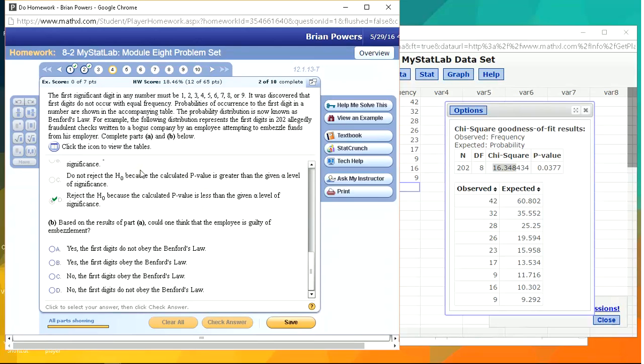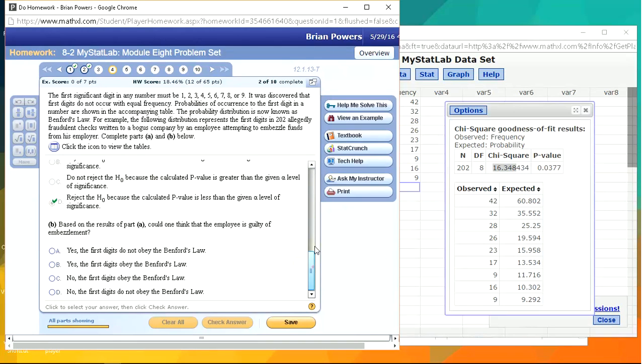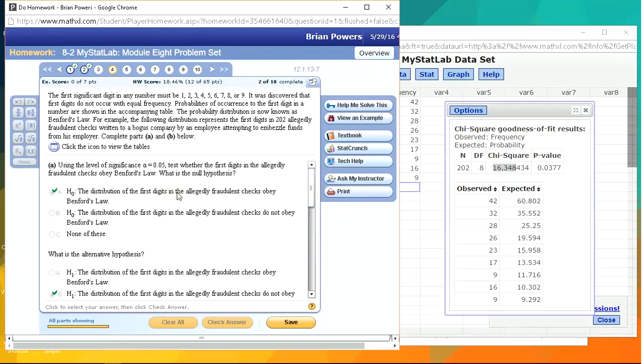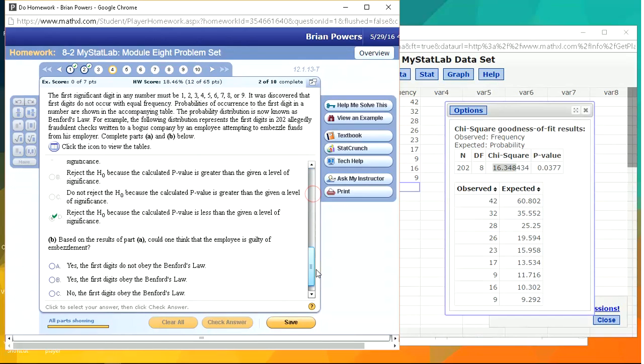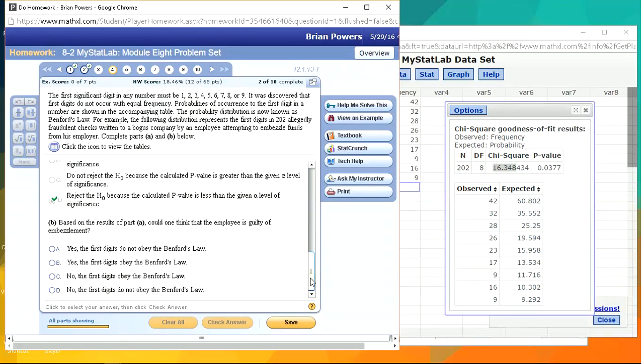Since we rejected the null hypothesis, and remember the null hypothesis is that the first digits obey Benford's law, we've concluded that something funny is going on. So we would conclude that the employee is guilty of some embezzlement, or at least this lends evidence to that. So you would choose A.